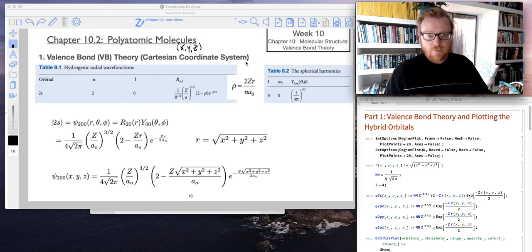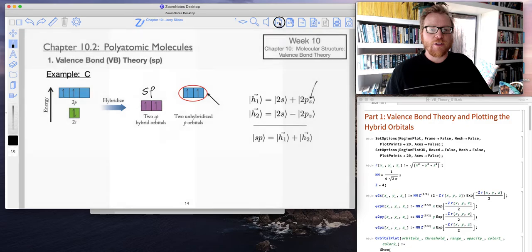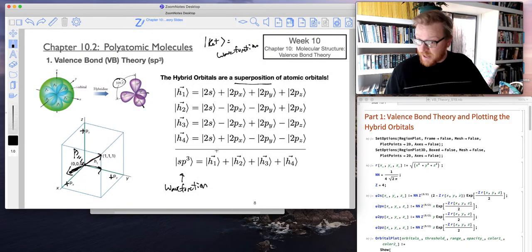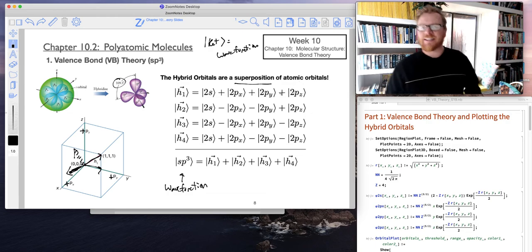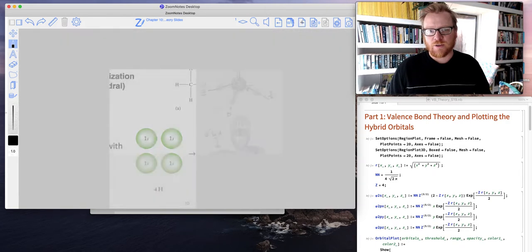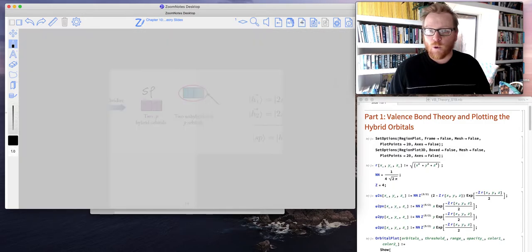I'll remind you, the sp3 hybrid orbital is a superposition of 2s, 2px, 2py, and 2pz atomic orbitals. So we will first need to start by putting together those orbitals. Because of this xyz designation in our p orbitals, it's convenient to turn this back into Cartesian coordinates.